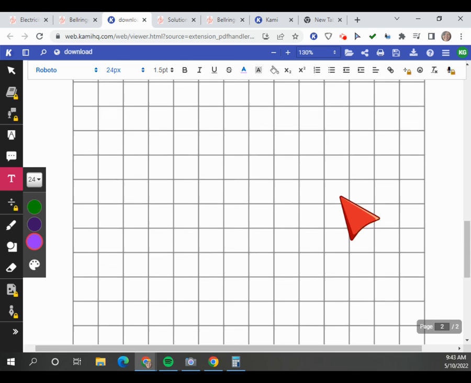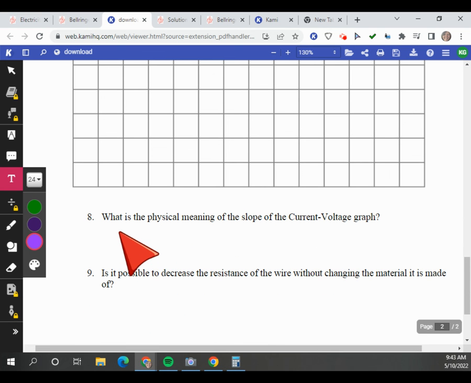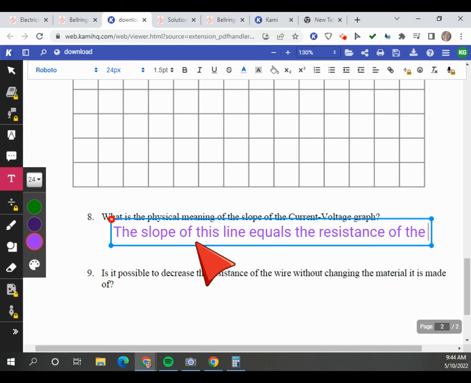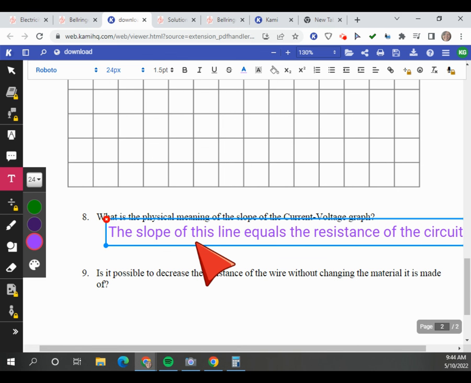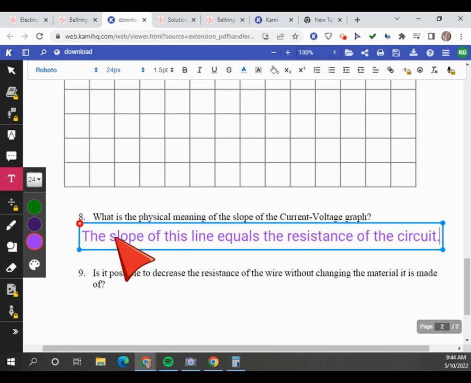Okay, let's look at the other questions because I told you you could skip that. What is the physical meaning of the slope of the current voltage graph? It's asking you to interpret the graph. The slope of this line equals the resistance of the circuit.